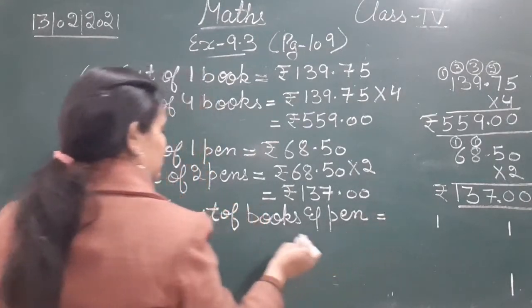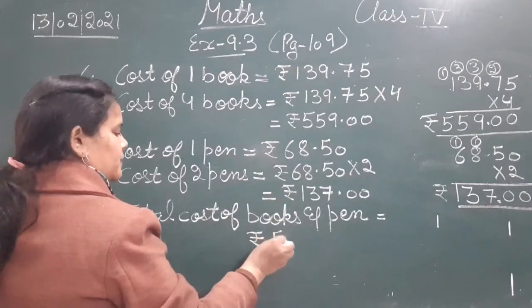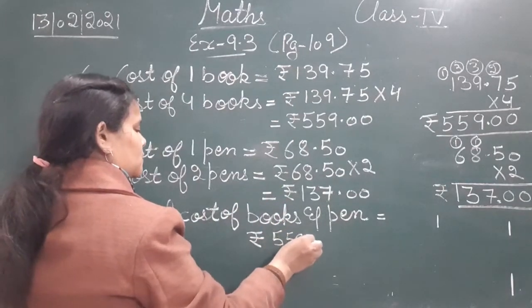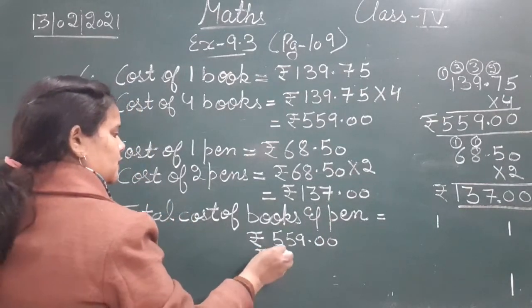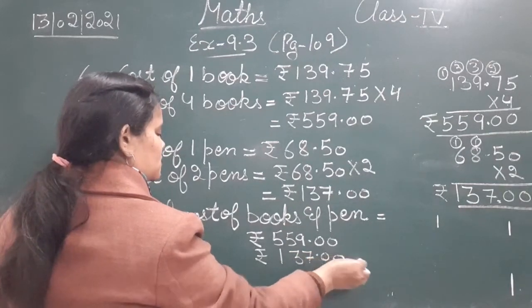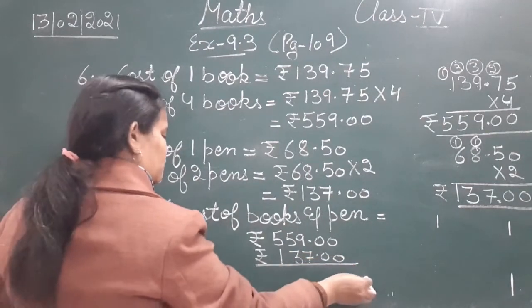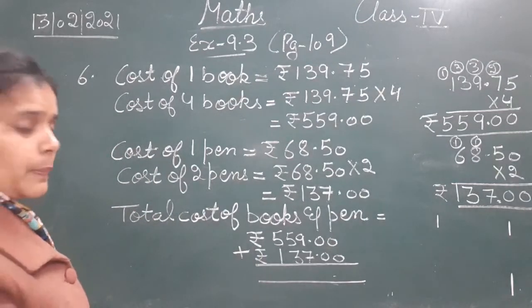Okay, so let's add 559 rupees and the second is 137 rupees. This is the total cost of both the items that we will calculate by adding them.